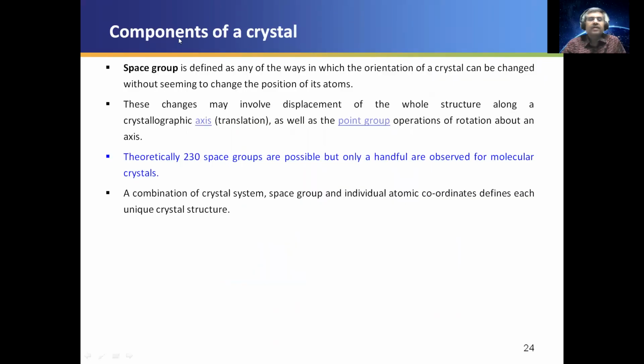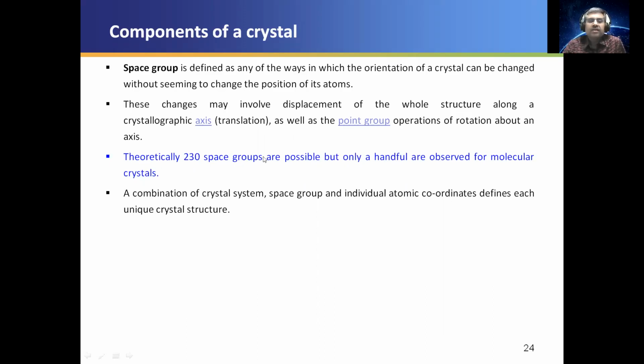There are different components of a crystal apart from the unit cell, and they include the space group, which is defined as any of the ways in which the orientation of the crystal can be changed without seeming to change the position of its atoms. These changes may involve displacement of the whole structure along a crystallographic axis, that is a translational displacement, as well as point group operations of rotation about an axis.